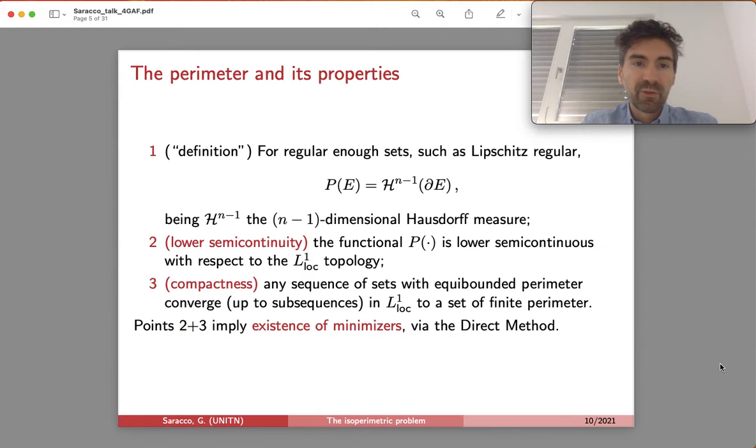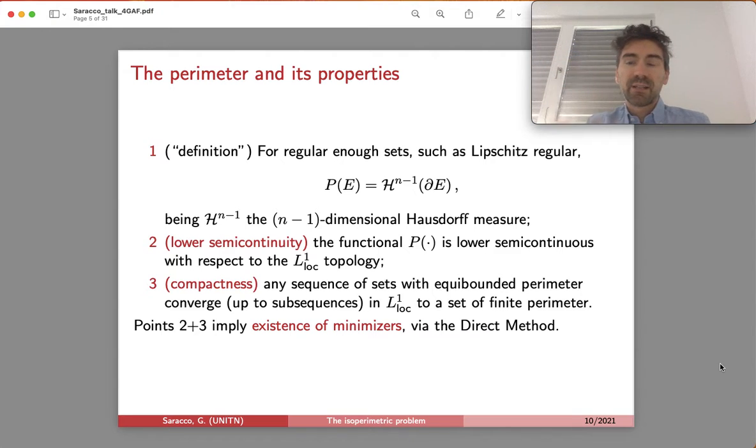Now, before starting, let me give you a sort of definition of what perimeter is. You may have a naive idea of what perimeter is, that is the n-1 surface measure. And this is right whenever your set is regular enough, say Lipschitz.